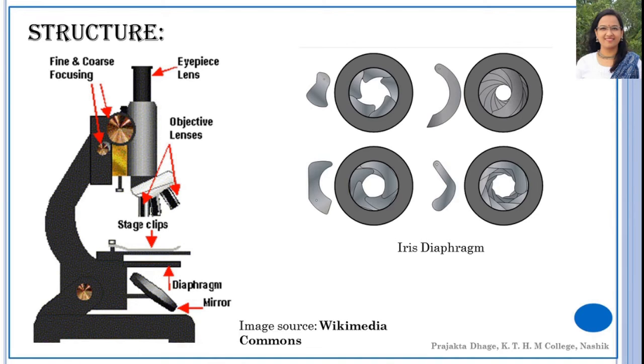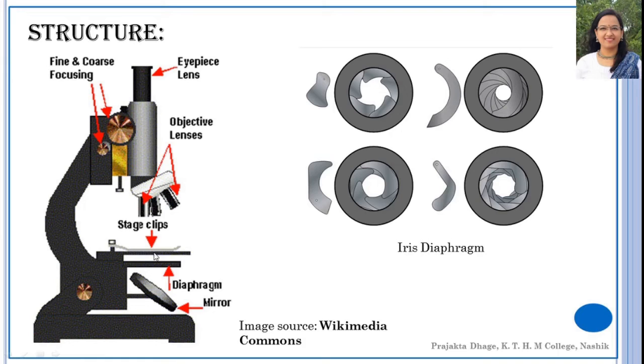The stage is provided with two clips or mechanical devices to fix and hold the slide firmly in position. So when you are observing a particular slide, your hands will remain free if you fix the slide by means of these stage clips.